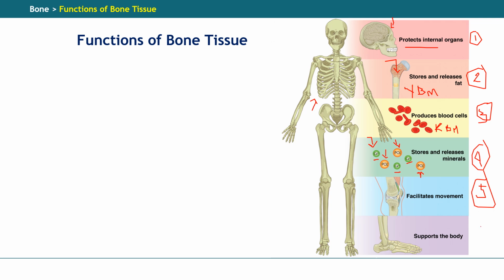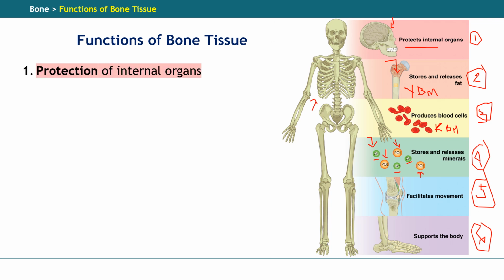And finally, the last function is that bones are important for support of the body. When we're standing, we do it because the bones are helping us to make this strong support. There are more functions of bones, but with these six, I think we have enough.